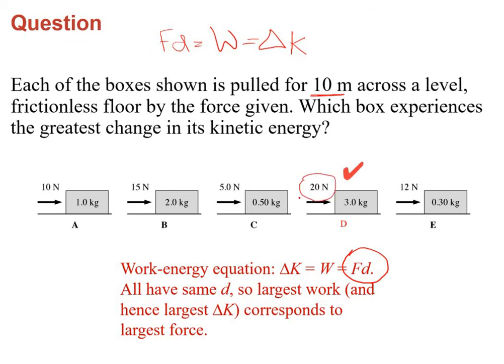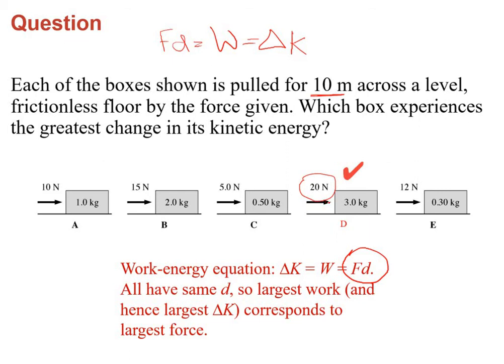There you go, 20 newtons. So that's again a usefulness of the work-kinetic energy theorem, that it connects the change in kinetic energy with the work done. In this case, since the displacements were the same, you just think about the one with the maximum force being applied.